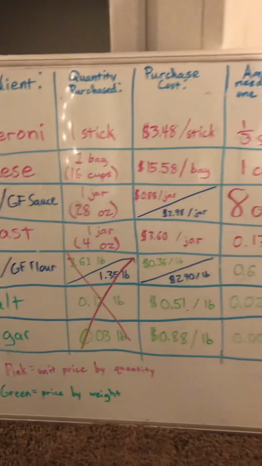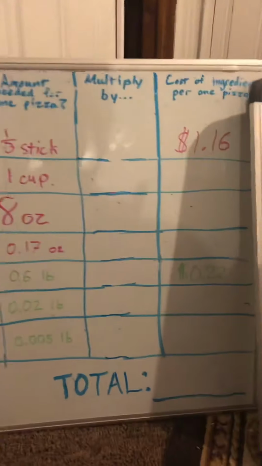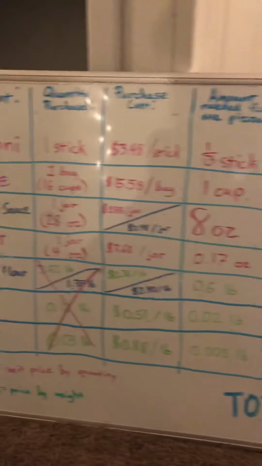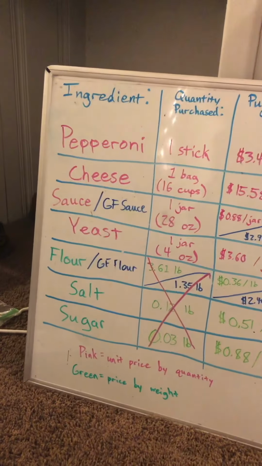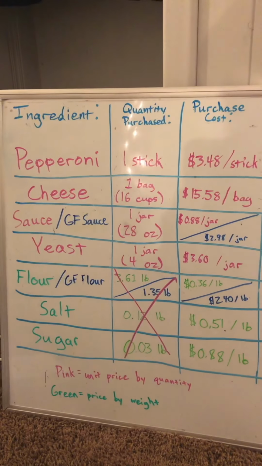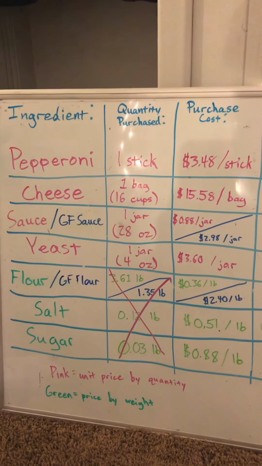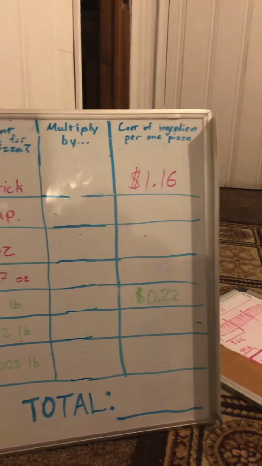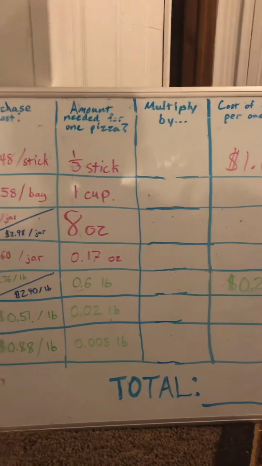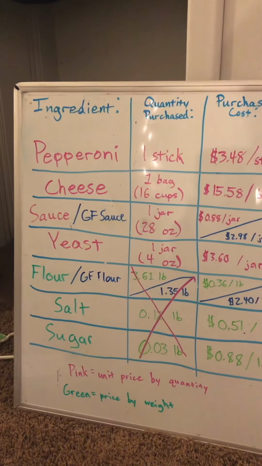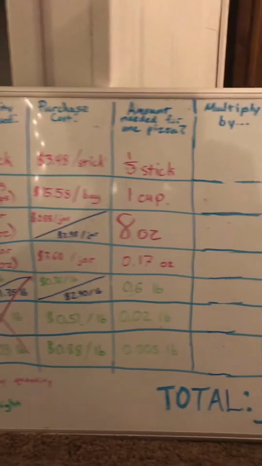I have set up this chart here for us to practice calculating how much it's going to cost to make one pizza. I'm going to pause here for a moment, and I just want you to copy down this chart. You're probably going to want to use a piece of paper landscape-wise and line it out with your ruler so you have nice straight lines.